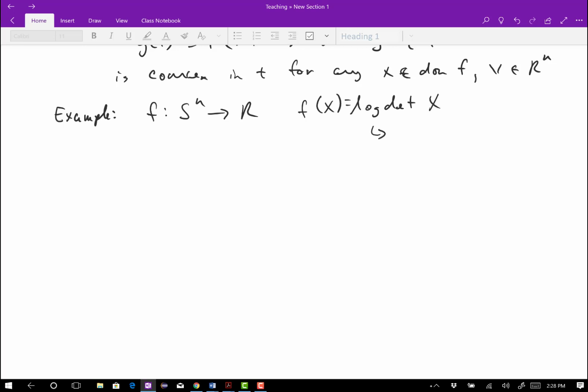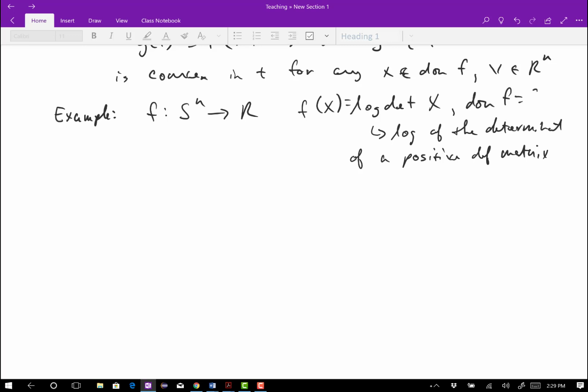This is the log of the determinant of a positive definite matrix, because we are restricting the domain. There's a domain restriction here that it's a positive definite matrix. So we're taking the log of the determinant of a positive definite matrix. This is actually concave.